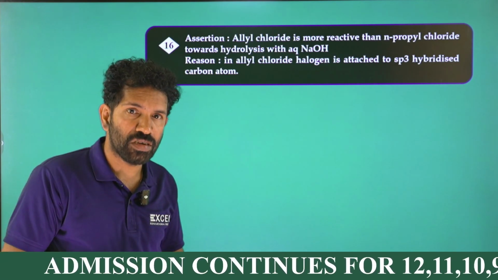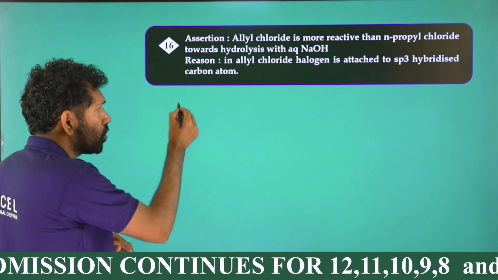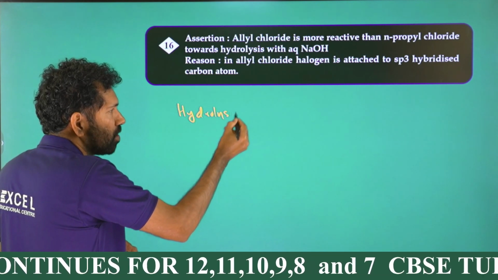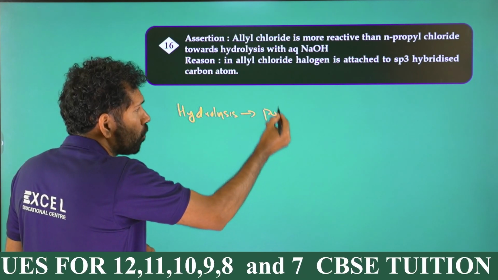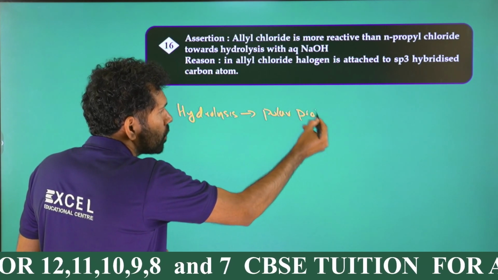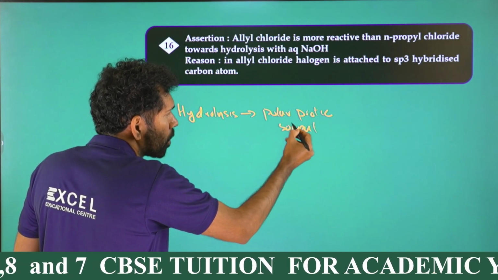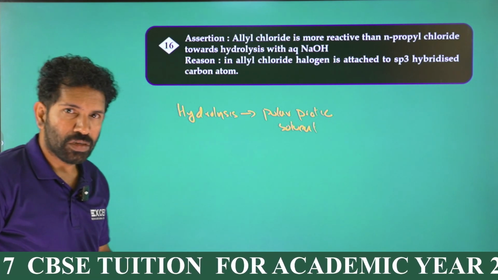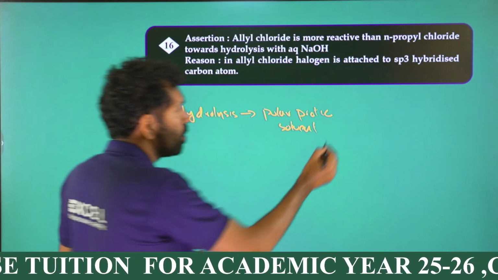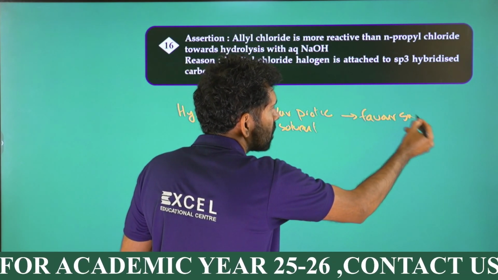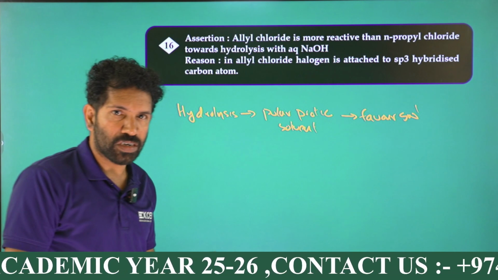Hydrolysis is an example of a polar protic solvent. So polar protic solvent favors SN1.